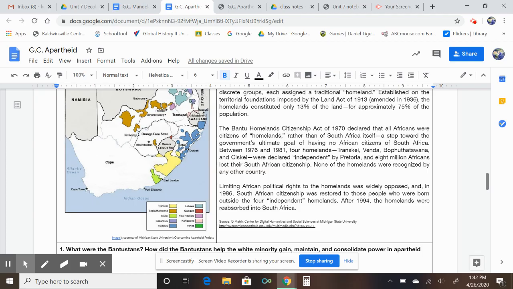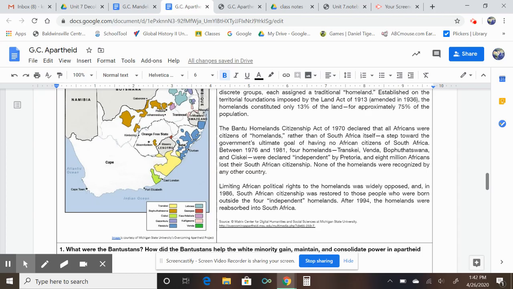None of the homelands were recognized by any other country. Limiting African political rights to the homelands was widely opposed, and in 1986, South African citizenship was restored to those people who were born outside the 4 independent homelands. After 1994, the homelands were reabsorbed into South Africa.